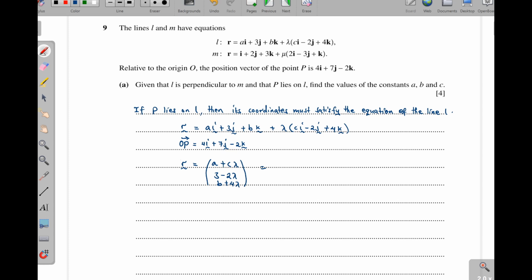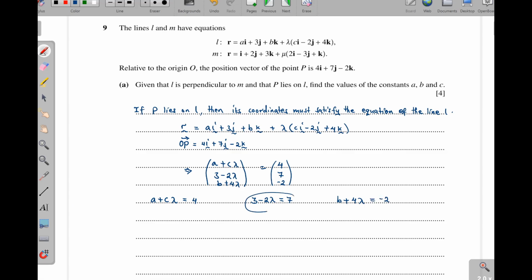So I'll equate this to 4, 7, and negative 2. So what do we have then? We have A plus C lambda is equal to 4. Then 3 minus 2 lambda is equal to 7. And then B plus 4 lambda is equal to negative 2.